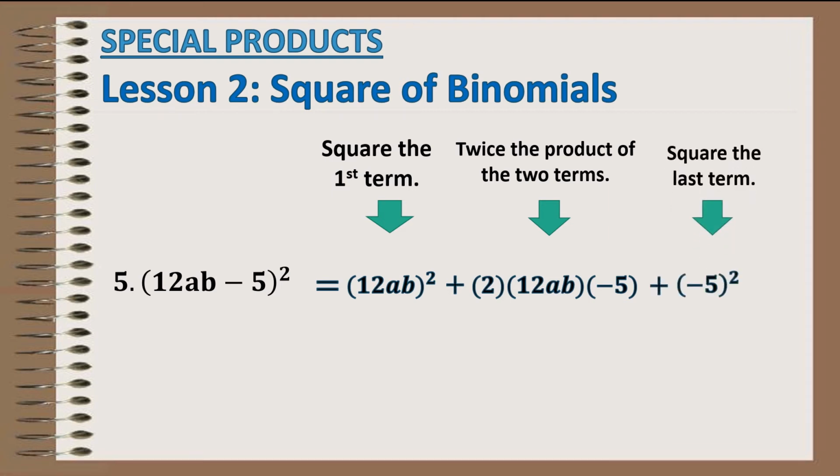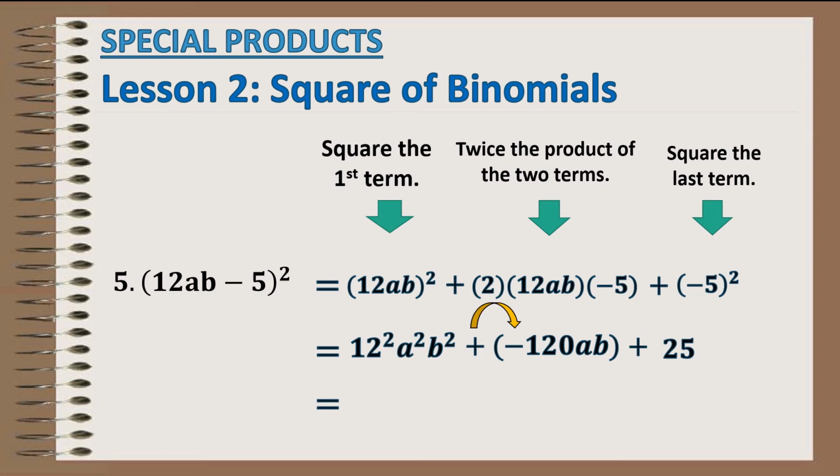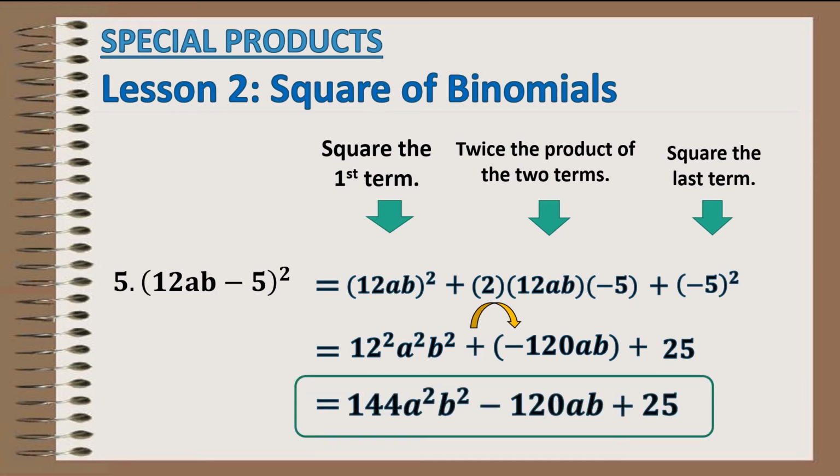We have the quantity of negative 5 squared is equal to 12 squared a squared b squared plus the quantity of negative 120ab plus 25. And our final answer is 144a squared b squared minus 120ab plus 25.